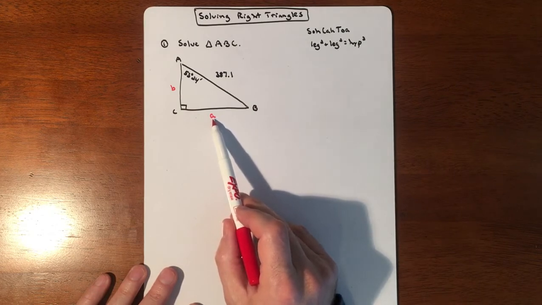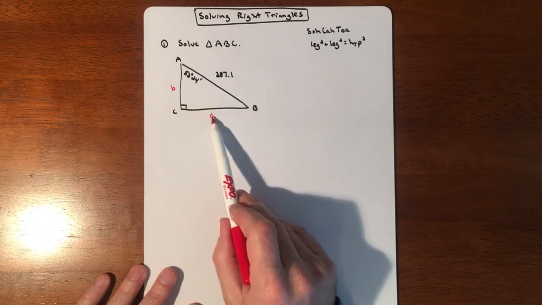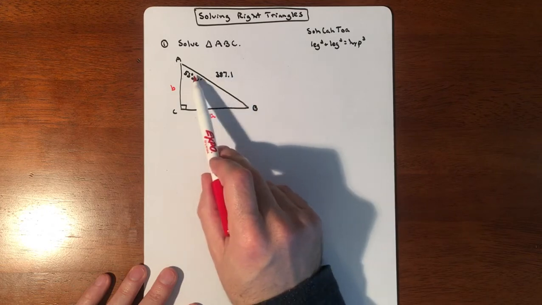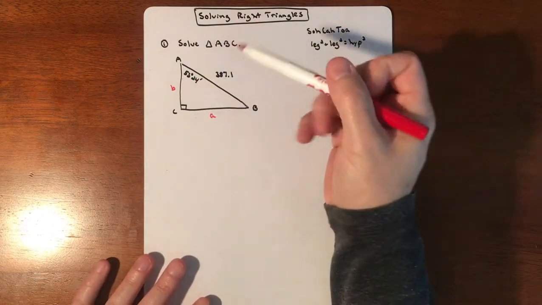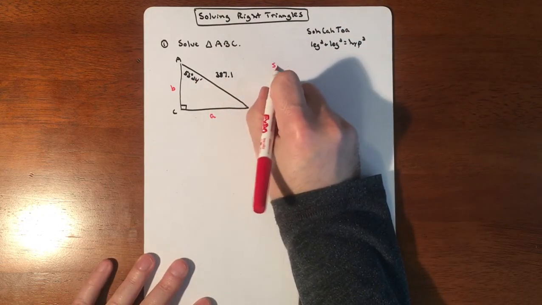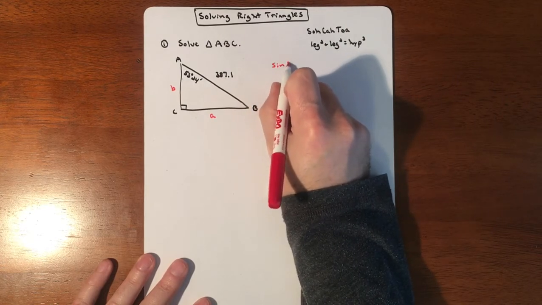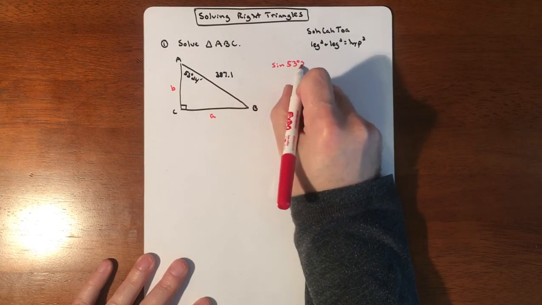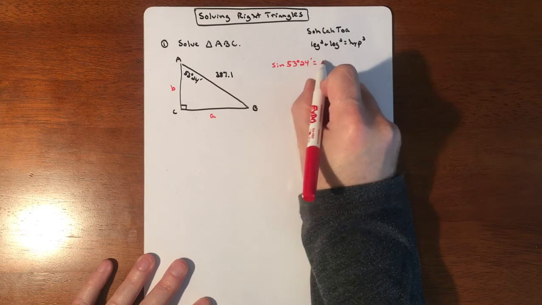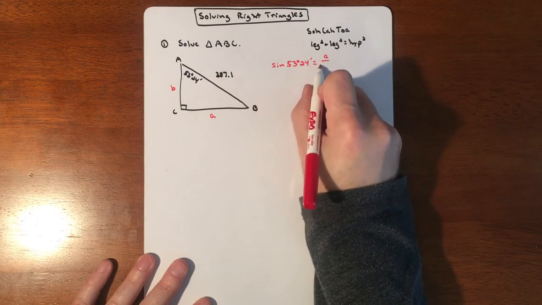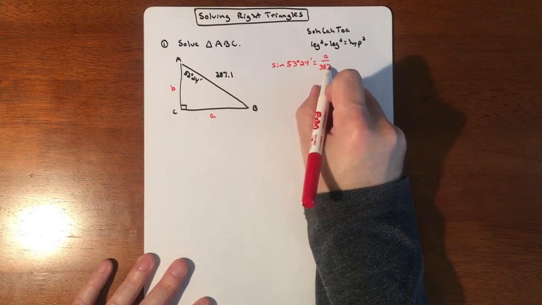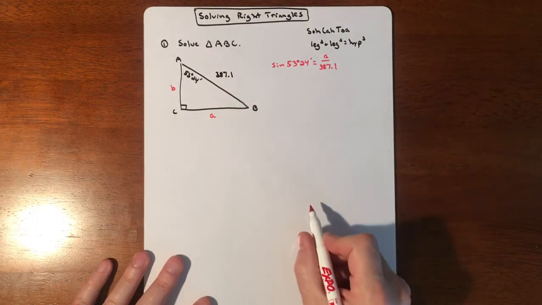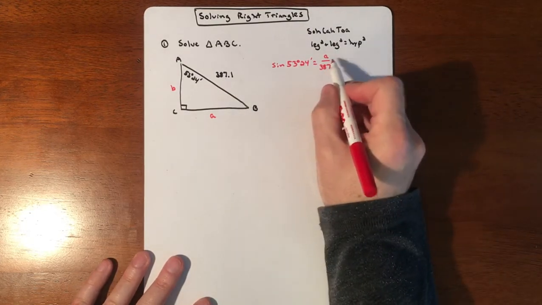If we're going to solve side A, we're dealing with opposite and hypotenuse, the two measurements that we have from this angle. So we're going to set up our equation as sine 53 degrees, 24 minutes equals opposite over hypotenuse. To solve this, we're going to clear out our fraction.